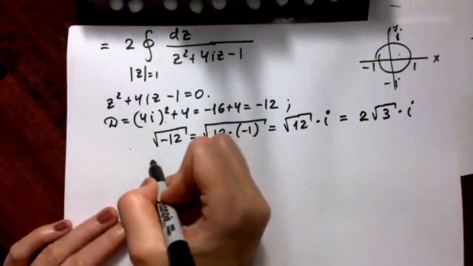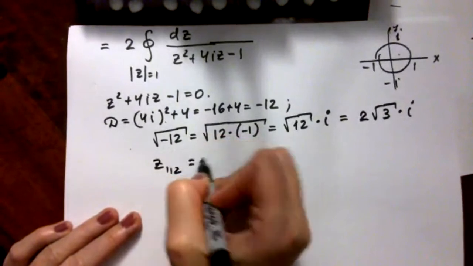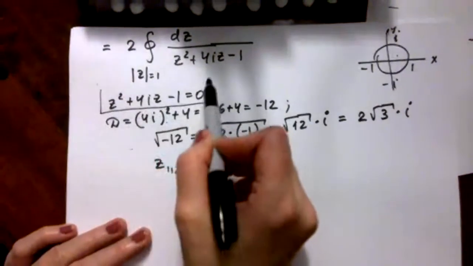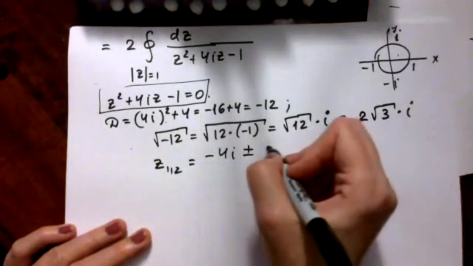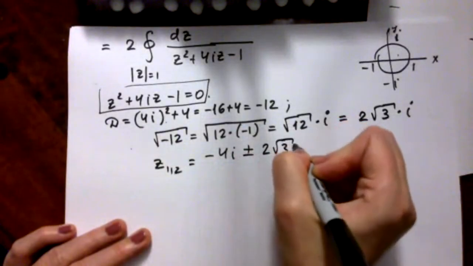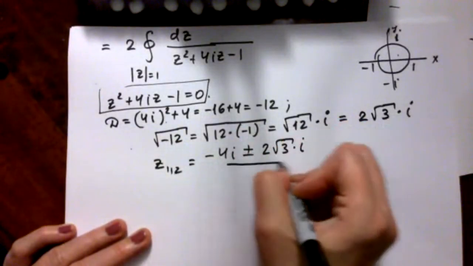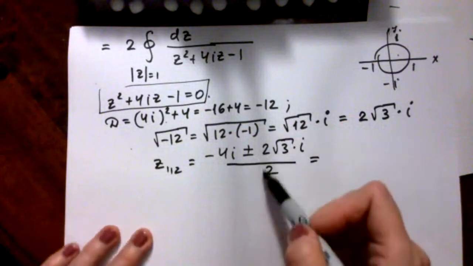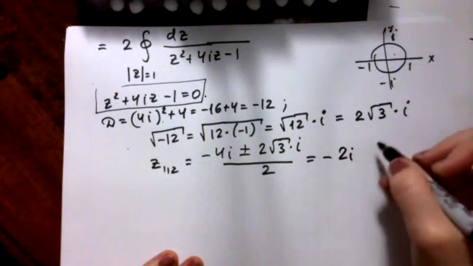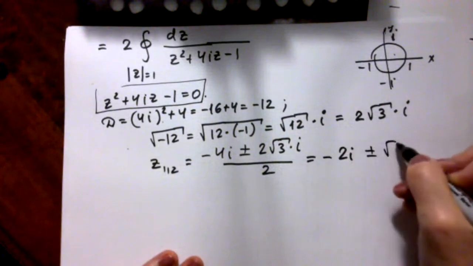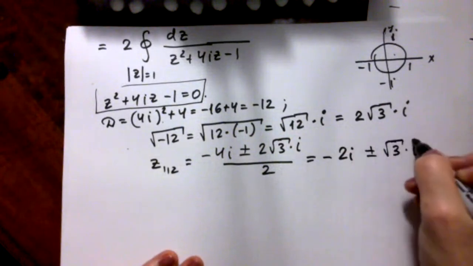So now we need to calculate the roots of this equation. It will be minus 4i plus minus this discriminant, 2 square root of 3 times i, divided by 2. We can simplify it a little by dividing by 2: minus 2i plus minus square root of 3 times i.